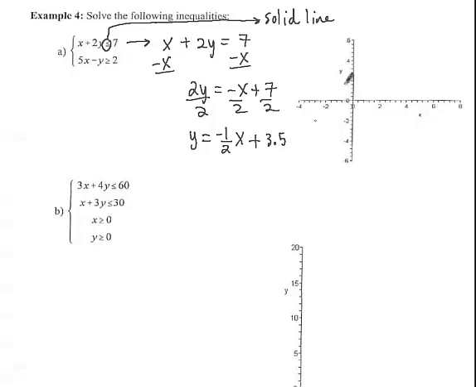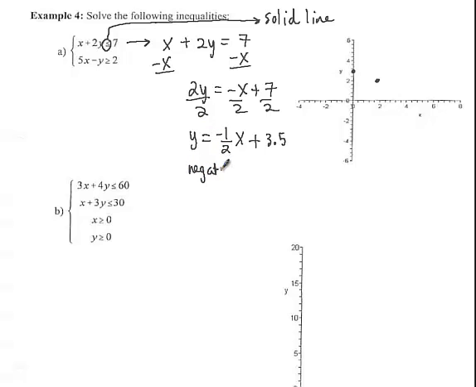So let's find our y-intercept. It is right about there, 3.5 positive. And now with our slope of negative 1/2, we want to go down 1 and right 2. So down 1 will get us to y equal 2, and then right 2 will get us to x equal 2. There's our point. So if the slope is negative, you want to go from left to right, pointed in the downward direction.